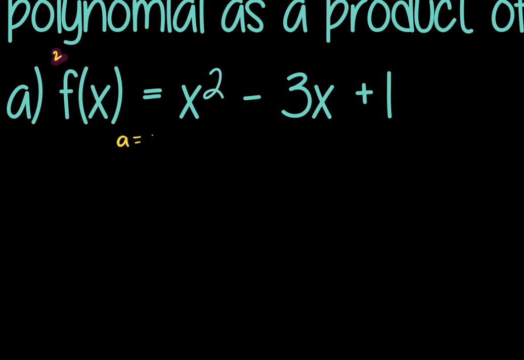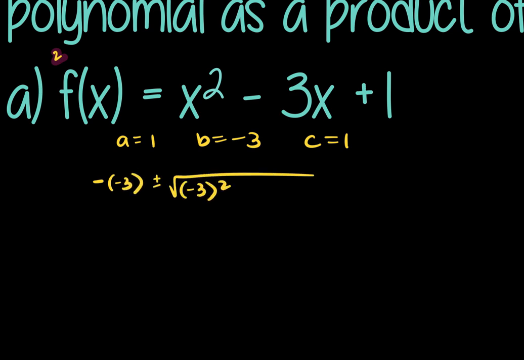Quadratic formula. A is 1. B is negative 3. C is 1. And I get negative b, which is negative 3, plus and minus the square root of negative 3 squared minus 4 times a times c all over 2 times a.